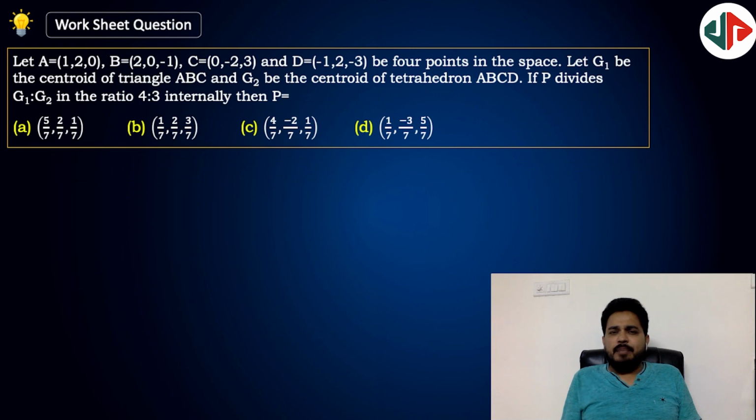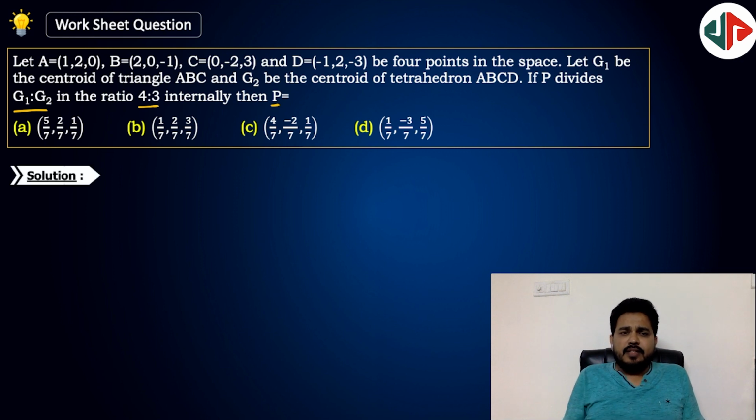Next question is, A, B, C, D are points in space. G1 is the centroid of the triangle ABC. G2 is the centroid of the tetrahedron ABCD. P divides G1 G2 in the ratio of 4 is to 3. What is P? So here, G1 is A plus B plus C by 3.